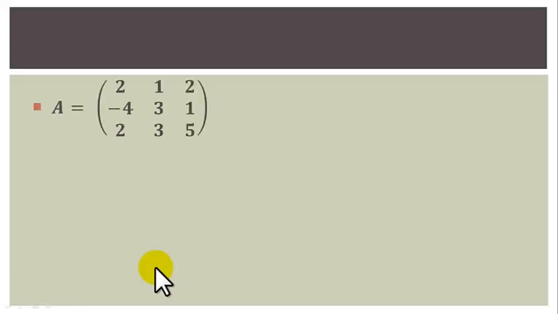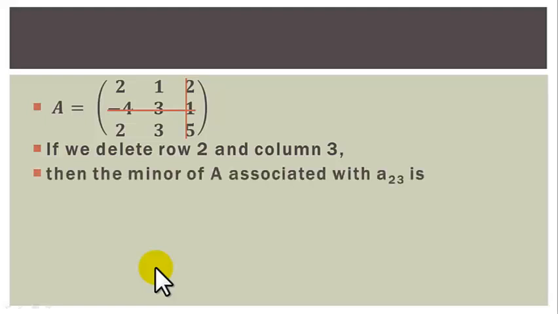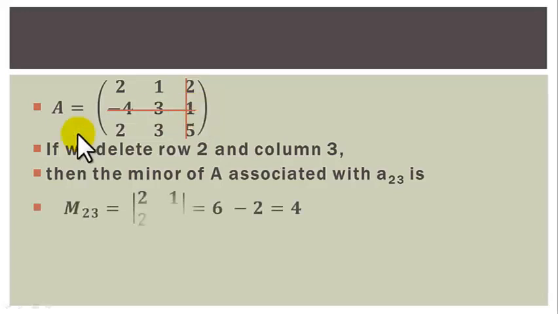Next, we delete row 2 and column 3. That is, this is row 2 and this is column 3. Then the minor of A associated with A23, which in this case is this one, is M23, which is the determinant of this submatrix 2, 1, 2, 3.